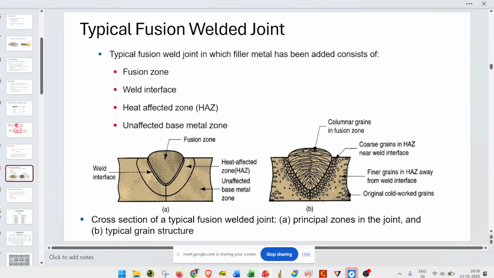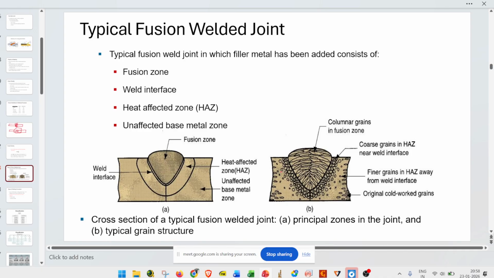So what heat affected zone means is that here the temperature reaches above the recrystallization temperature of the parent material. Here parent material means the material we are joining. It reaches above the recrystallization temperature, but there is not enough temperature to make it melt.